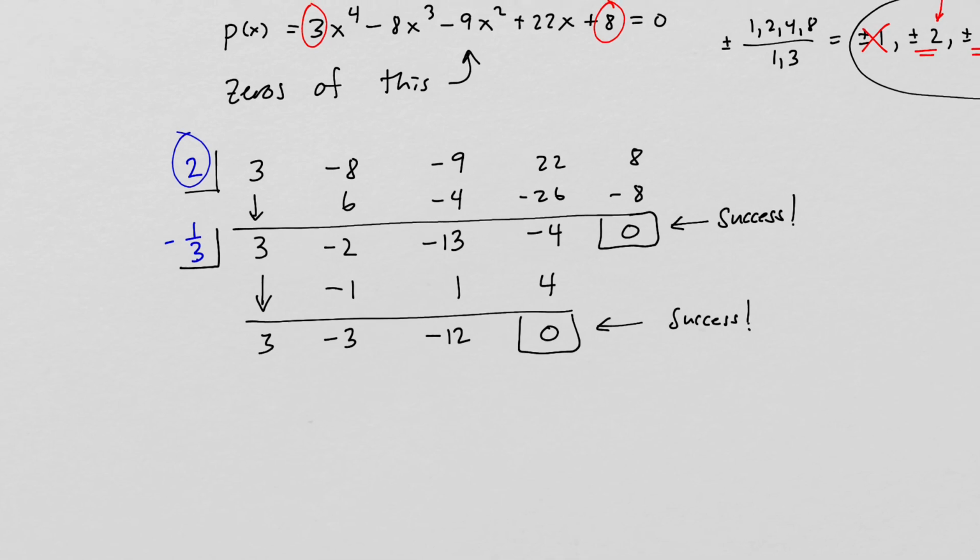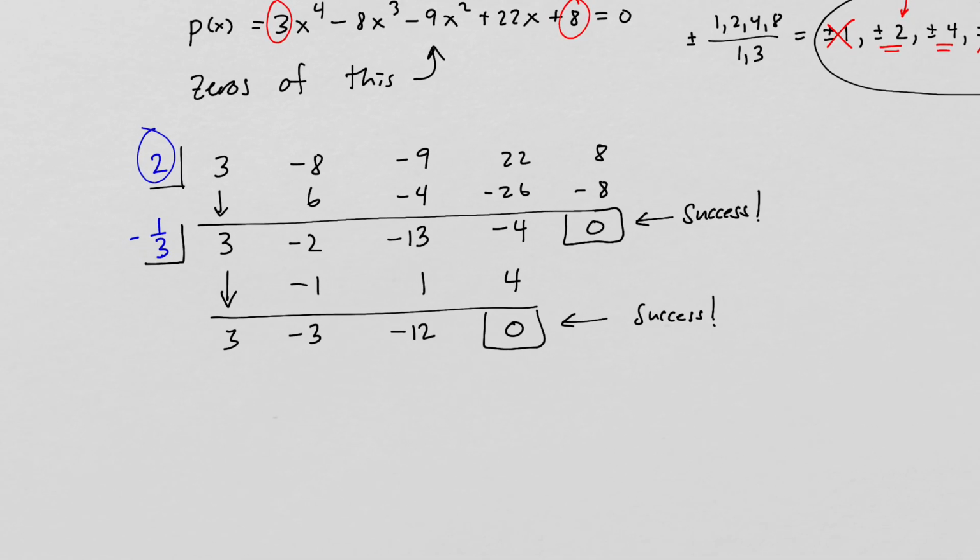So now let's think about what we've done. We have the original polynomial, 3x to the 4th, minus 8x cubed, minus 9x squared, plus 22x, plus 8.